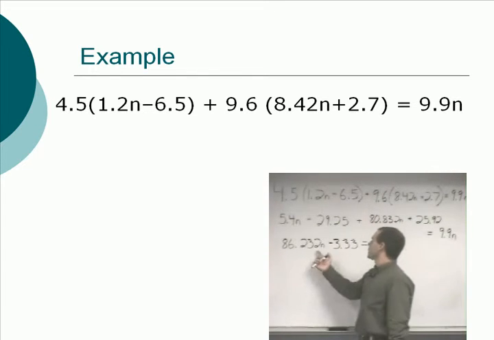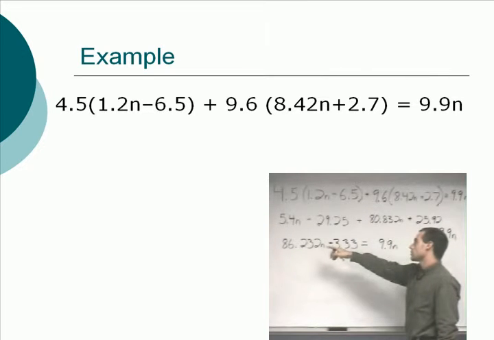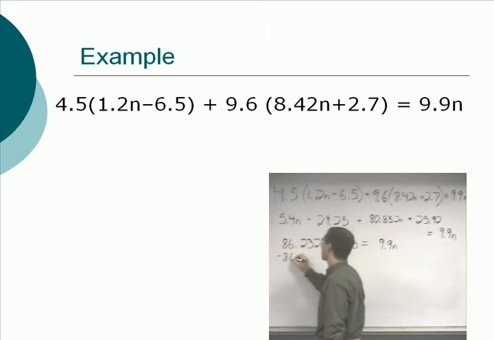Okay. So let's finish this up. We better shuffle that 86.232n over from the left to the right, excuse me.